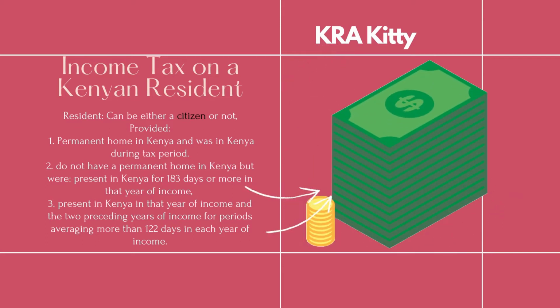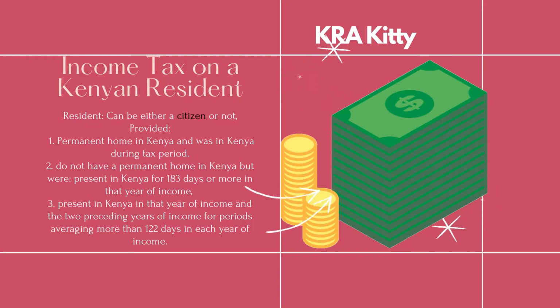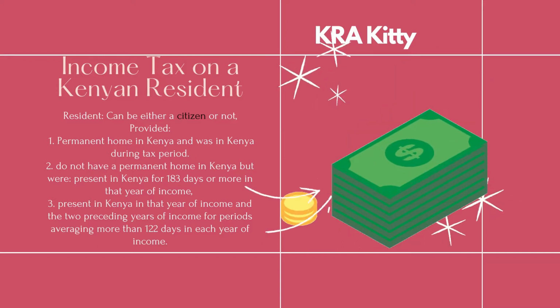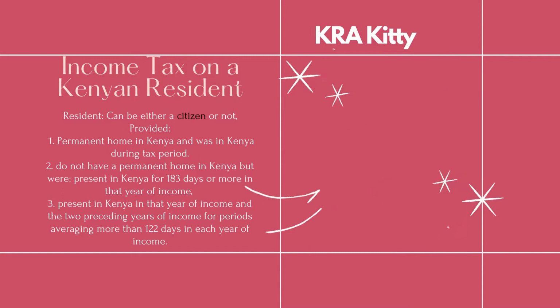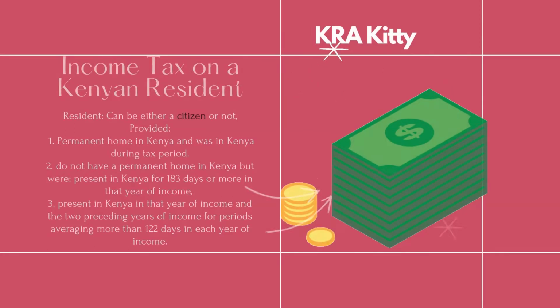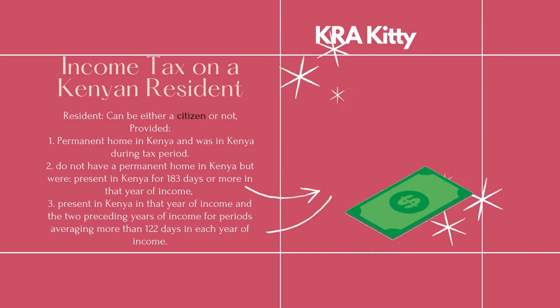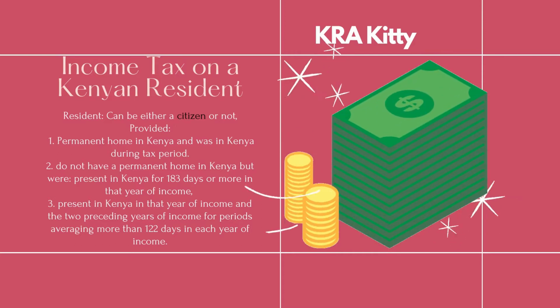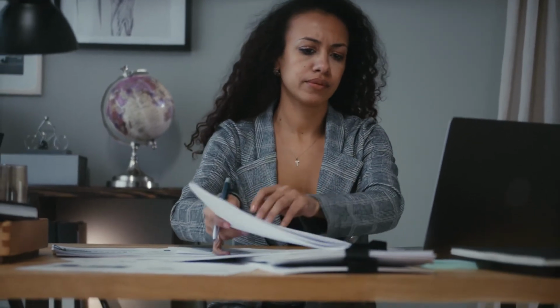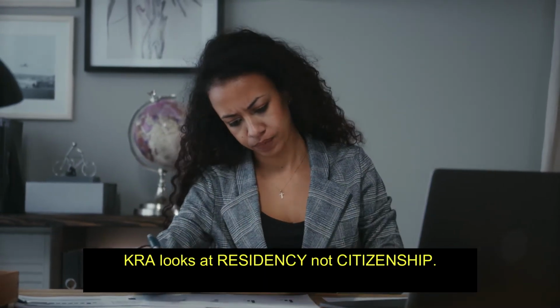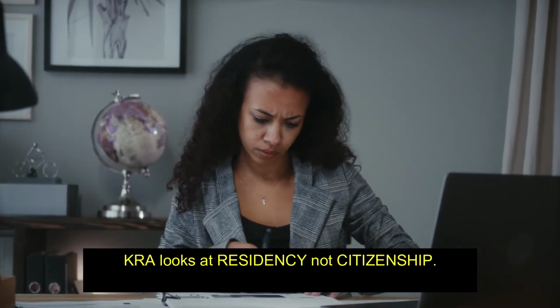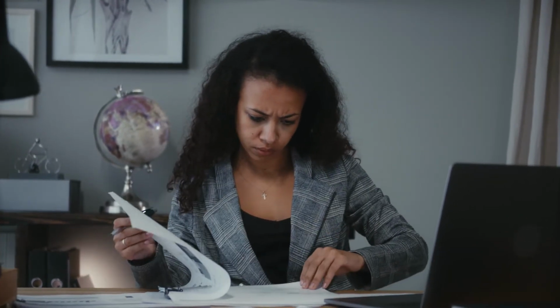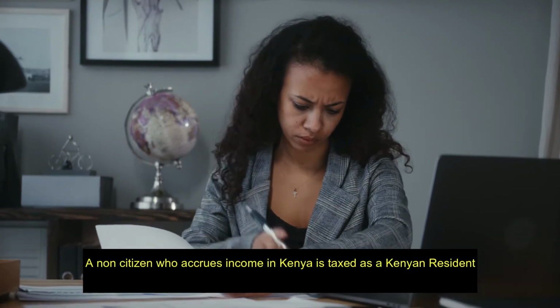So for a person to be considered a tax resident in Kenya, they have to have a permanent home in Kenya and were present in Kenya for any period in the year of income under consideration, or someone with no permanent home in Kenya but were present in Kenya for 183 days or more in that year of income, or someone who is present in Kenya that year of income and for the 2 preceding years of income for periods averaging more than 122 days in each year of income.